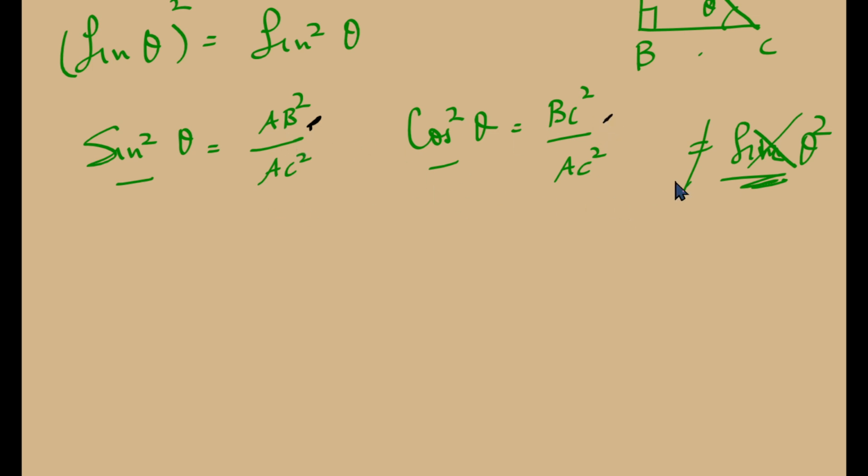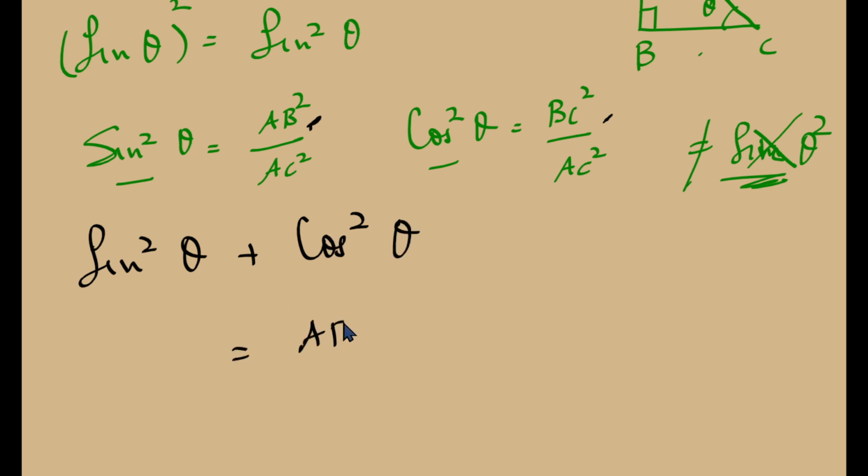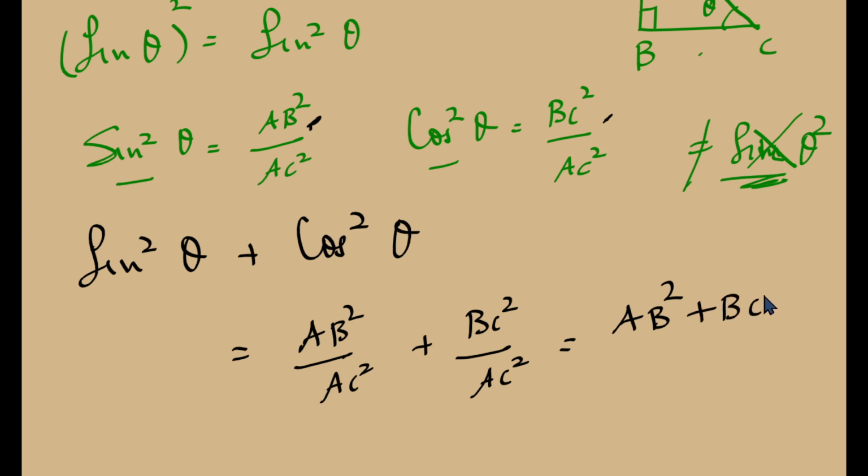So let's add the right hand sides first. Sine squared theta plus cos squared theta would be equal to AB square by AC square plus BC square by AC square. Now since the denominators are equal, this can be written as AB square plus BC square by AC square.